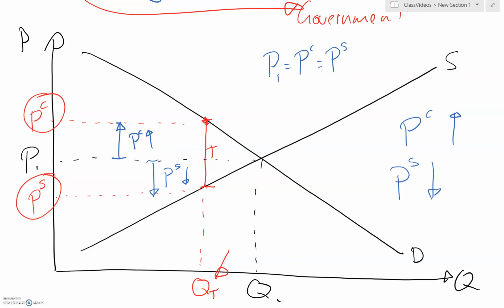As you can see, the way I've drawn it here, the tax looks like it's sort of equally shared between consumers and producers, but that's really just an accident of the way I've drawn these supply and demand curves. If I drew different curves, this is not necessarily going to be the case.